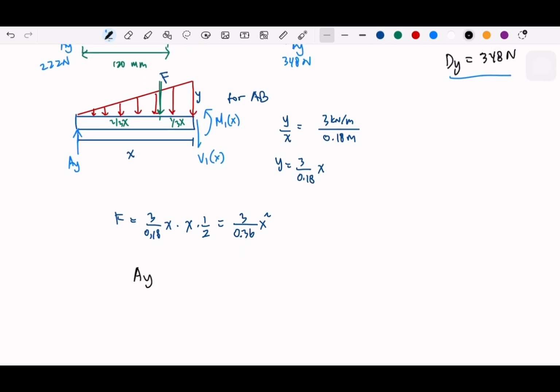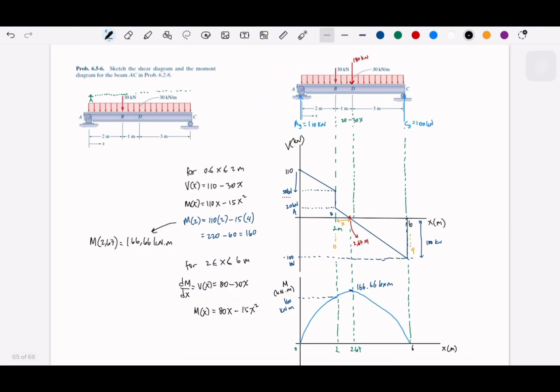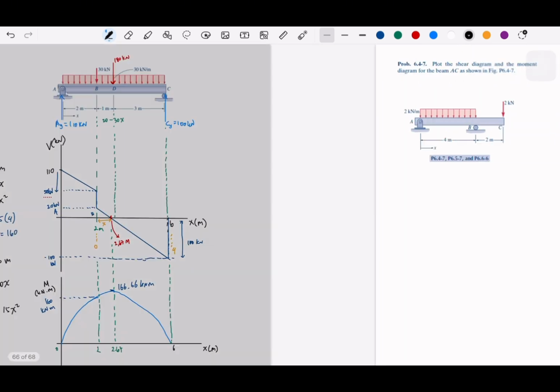So AY minus 3x squared over 0.36 minus V1 of x is 0. So V1 will be 222 Newton minus that. Okay, so you could do this as well for the previous questions. I haven't given you each one of them, because the rectangular is supposed to be not as complicated as the triangle.